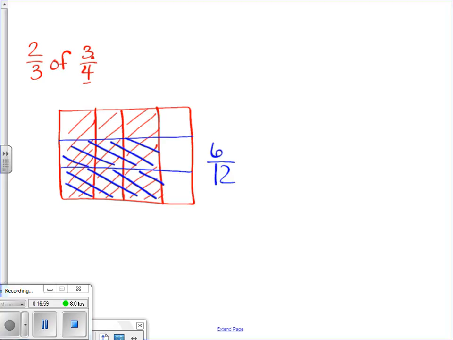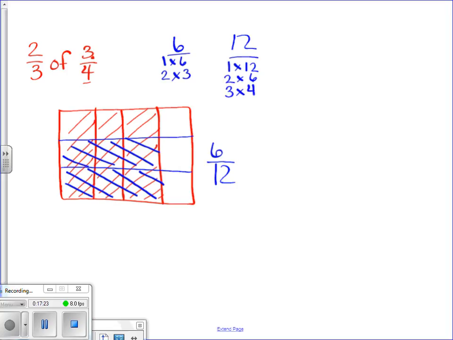So one strategy that I've done in the past when we're simplifying is take your 2 numbers and start a little list. What makes a 6? 1 times 6, 2 times 3. What makes 12? 1 times 12, 2 times 6, 3 times 4.